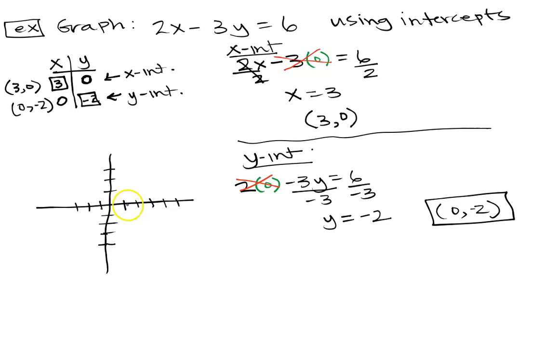So 3, 0, so over 3 and up 0 is here. That's my x-intercept, where it's crossing the x-axis. And then my y-intercept is over 0 and down 2, so that's going to be here, on my y-axis. Then you can just connect those dots together to make a line. That's what you'll do if it says to graph using intercepts.